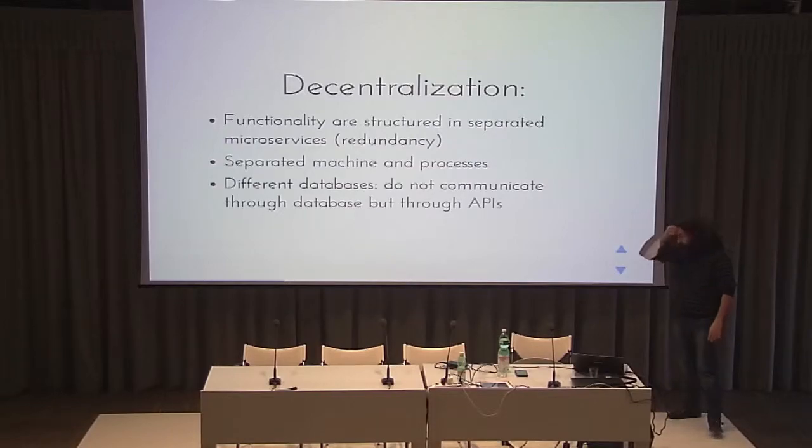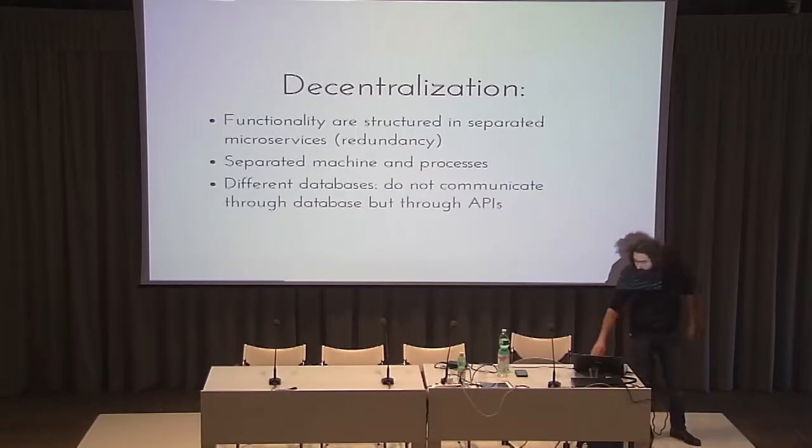Here, the focus is on the APIs. Instead of trying to glue everything together, we are splitting apart and we are focusing on designing APIs, because the APIs will be the way that the microservices talk to each other. APIs and protocols, of course, of communication.